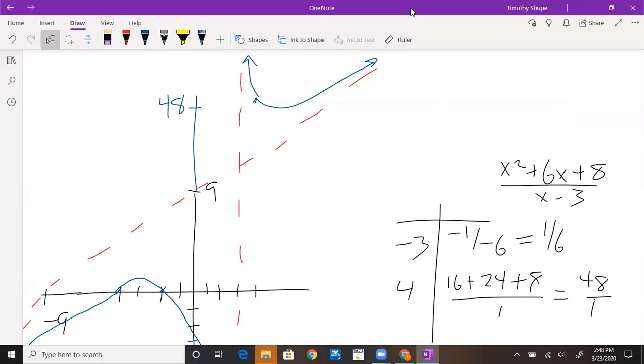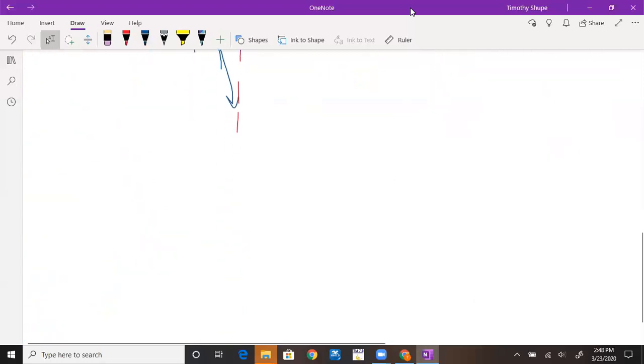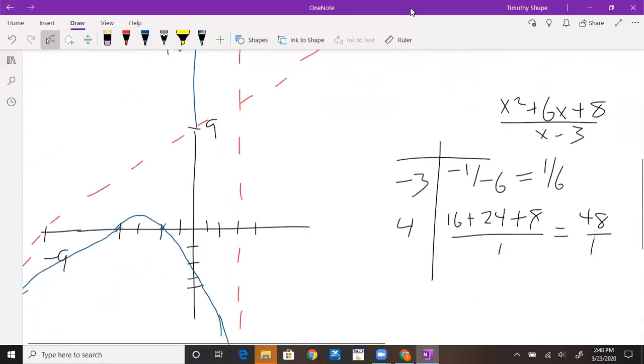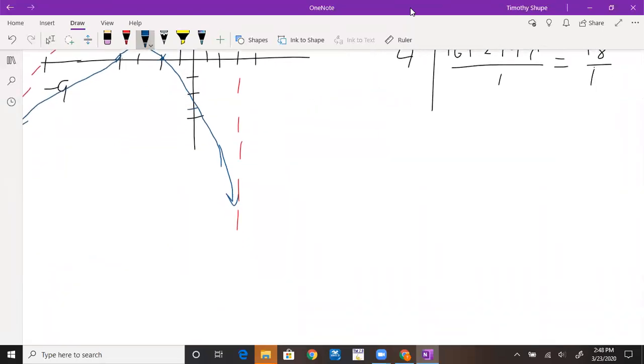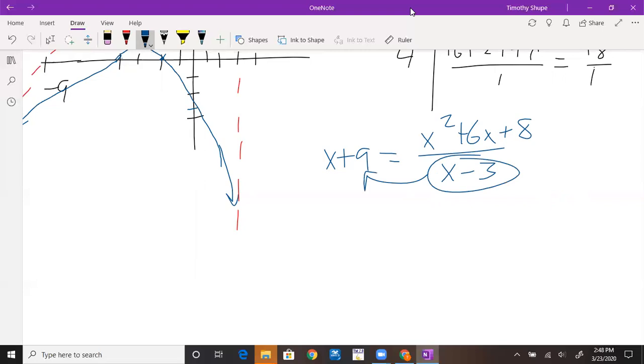Now, the one thing we do want to check is to make sure that we're not crossing that oblique asymptote. So if I come down here and just check one last thing, our oblique asymptote was y equals x plus 9. So if I take that function, x plus 9, and set it equal to the fraction that I had, x squared plus 6x plus 8 over x minus 3, and I want to solve that to see if I can get an x value. If I take that x minus 3 and multiply it off to the other side, that's going to end up giving me x squared plus 9x and minus 3x would be a plus 6x.